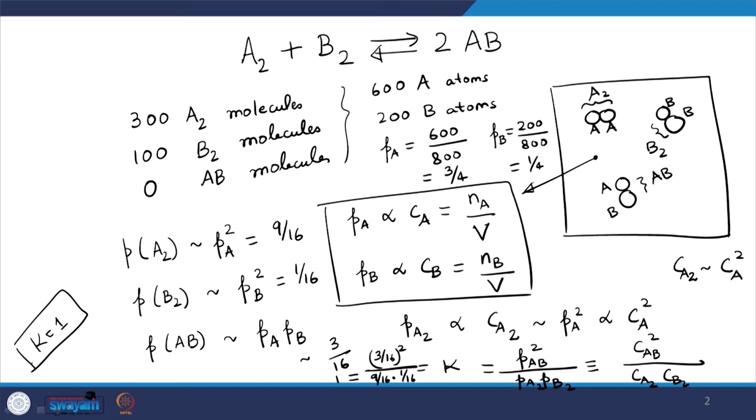So, now you may very well ask, what happens if I do some other combination of A and B atoms, and the answer is that you will get the same value of the equilibrium constant. So, let us say for example, if you had 200 A atoms and 200 B atoms. In that case, my Pa is going to be 200 by 400, that is 1 by 2.